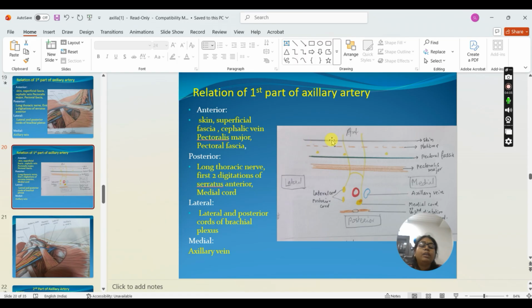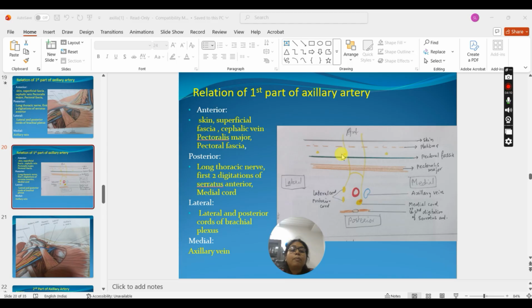The same thing in a schematic diagram, you can see it like this. Anteriorly, skin, superficial fascia containing the platysma, pectoral fascia. These dots are the supraclavicular nerves in the superficial fascia.